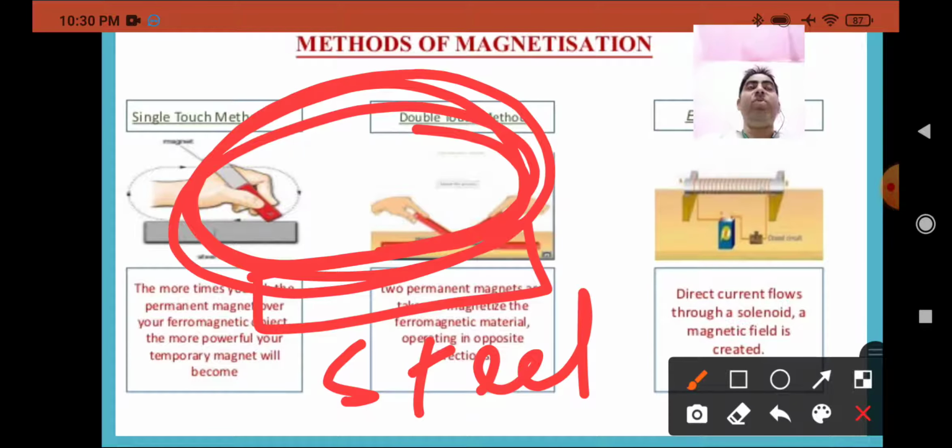Do this 30 to 40 times with the same pole and in the same direction. Bring some iron clips or iron filings near the steel bar to check whether it attracts them. If it does not attract the iron filings, continue to strike the magnet against the steel bar for some more time.